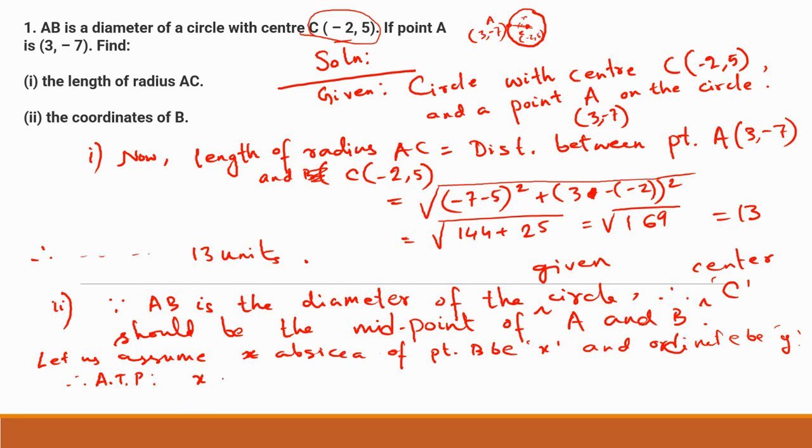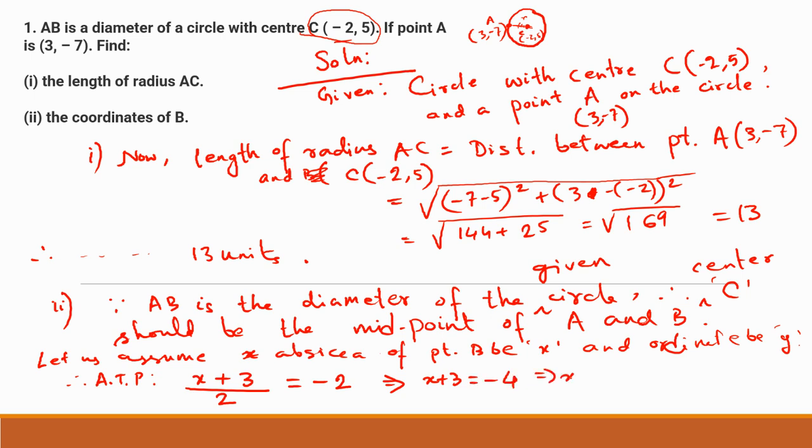So what is the formula here? The x coordinate of B plus the x coordinate of A, divided by 2, should be equal to the x coordinate of the center C, right? The midpoint formula, I already showed you on the last page.